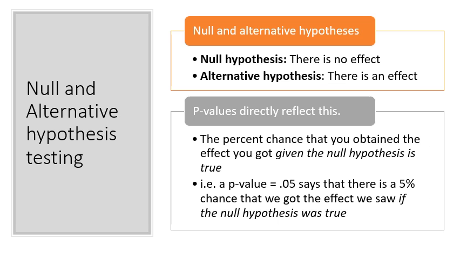So in inferential statistics, we're talking about null and alternative hypothesis testing. A null hypothesis is when you're stating that there is no effect, whereas an alternative hypothesis is when you're stating there is an effect.